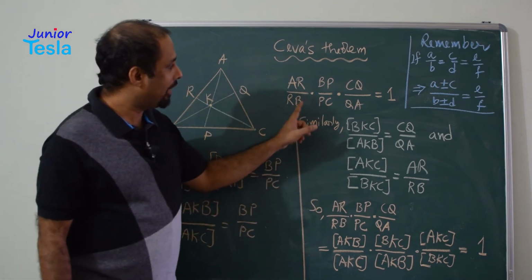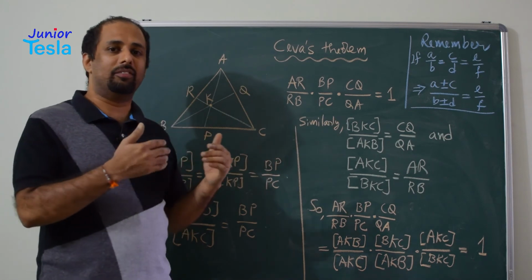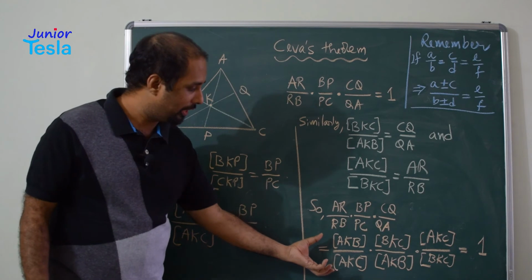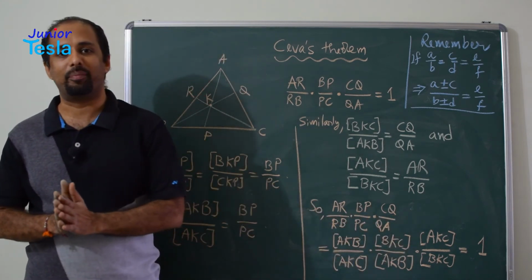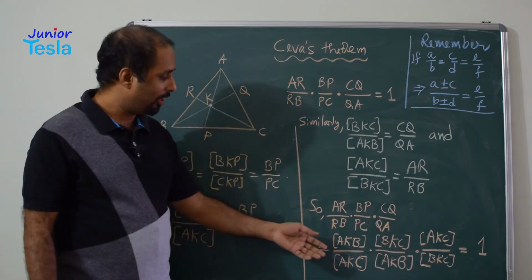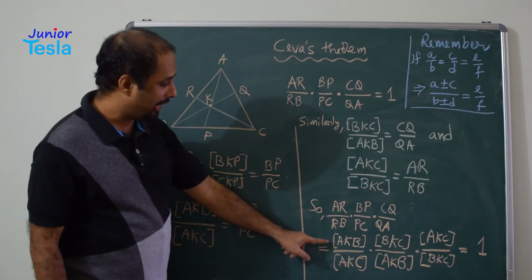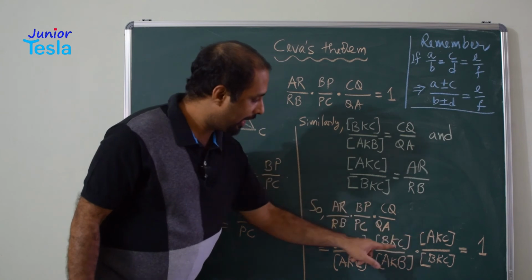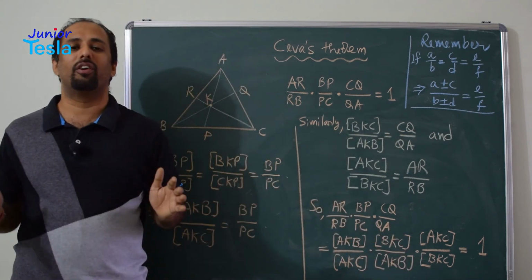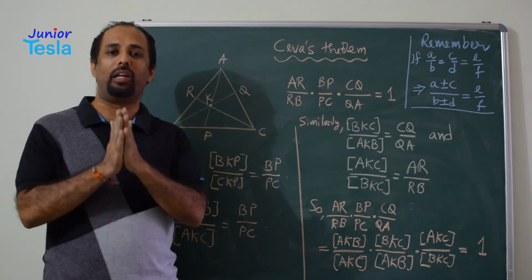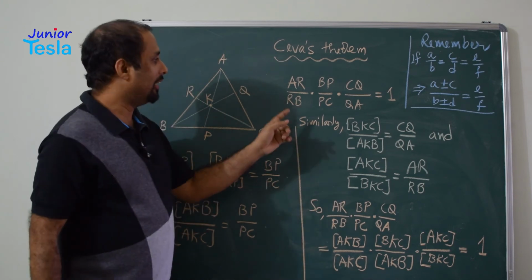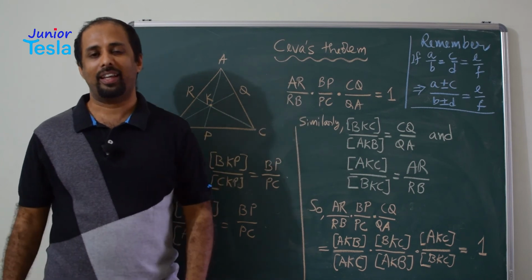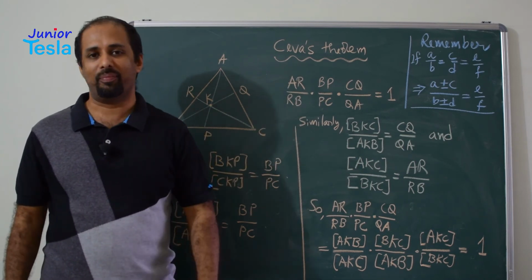So all these 3 ratios are substituted by the ratios of the areas. Now the speciality is all these things will get cancelled. AKB and AKB get cancelled. Similarly AKC, AKC and BKC, all the ratios got cancelled, and finally we are left with only 1, and that is why the product of these 3 ratios is equal to 1, and this is Ceva's theorem.